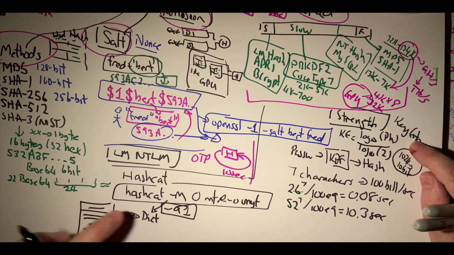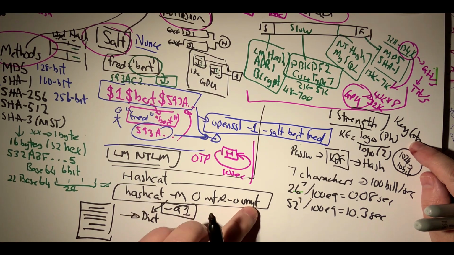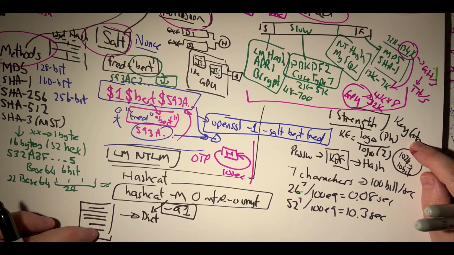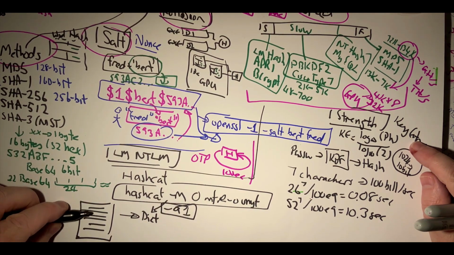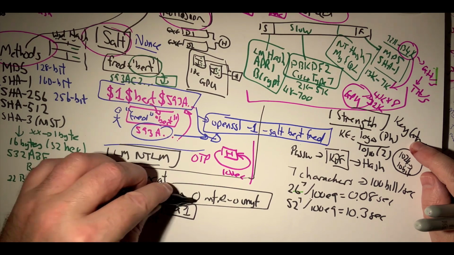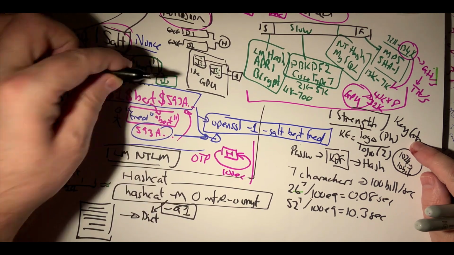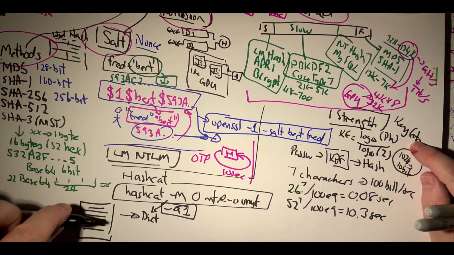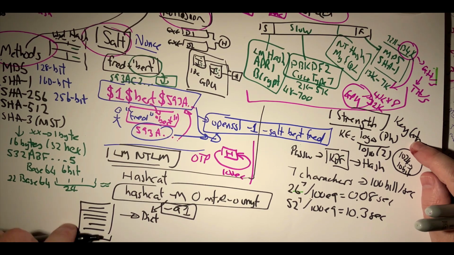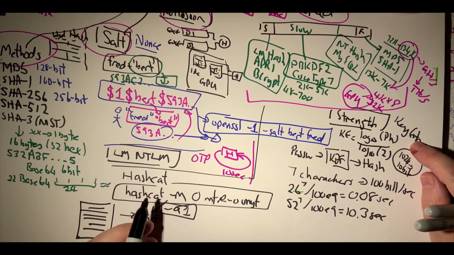Hashcat will read that in and perform the brute force on this dictionary. It will take off the salt if there's a salt, add it to each of the words, and try to crack the hash value.